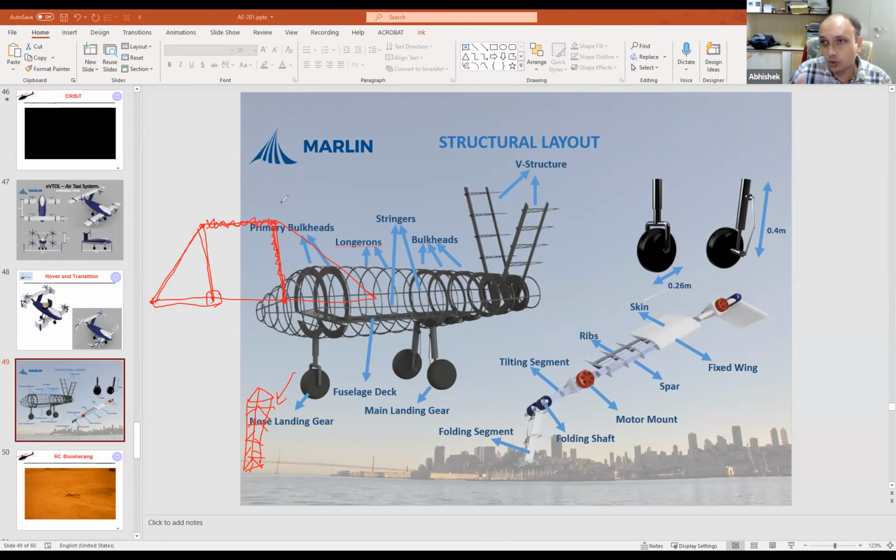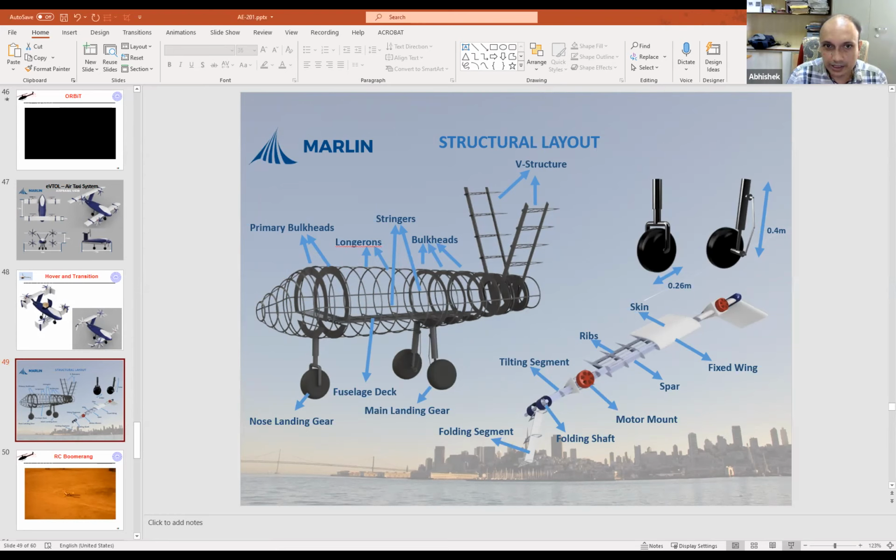And that made the whole structure extremely lightweight without sacrificing the strength. In aerial vehicles, the critical requirement is how to make the structure as light as possible without sacrificing strength. So this kind of structure is somewhat like that, in the sense that it can also be called a truss kind of thing.